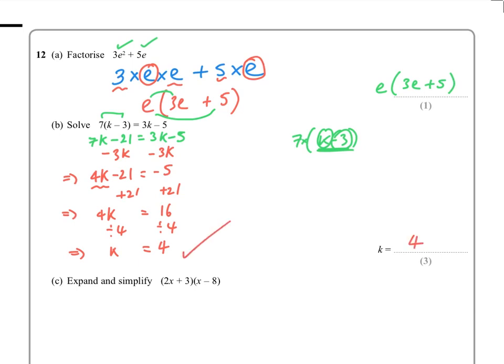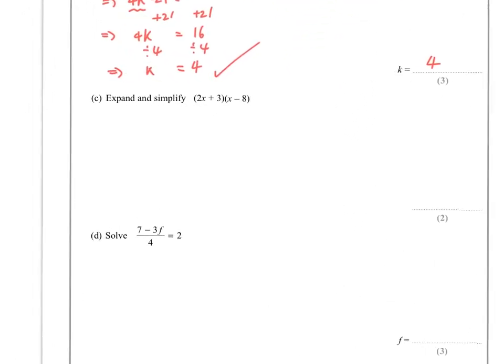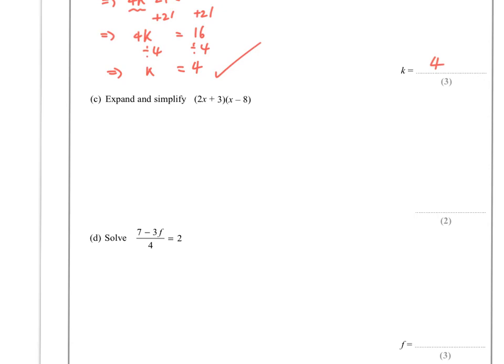Now let's have a look at this one here. I always say there's no shame in doing a grid. So 2x, 3x minus 8. You can put the plus sign here if it helps.